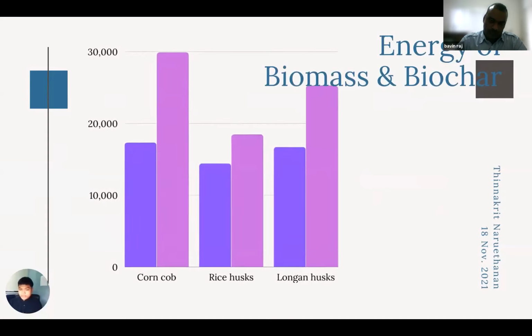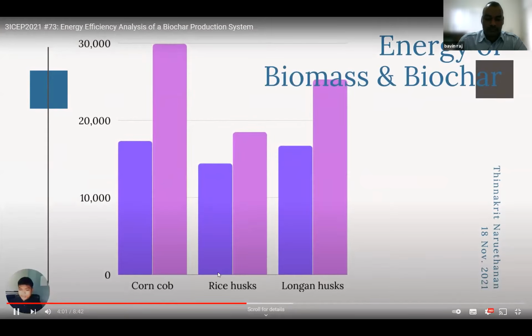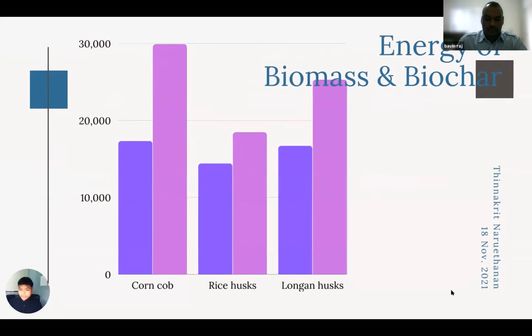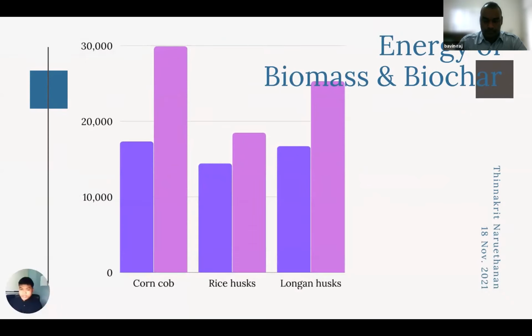And energy of the biomass is purple, and energy of biochar is pink. When biomass is converted to biochar, the energy of the materials increases as shown.